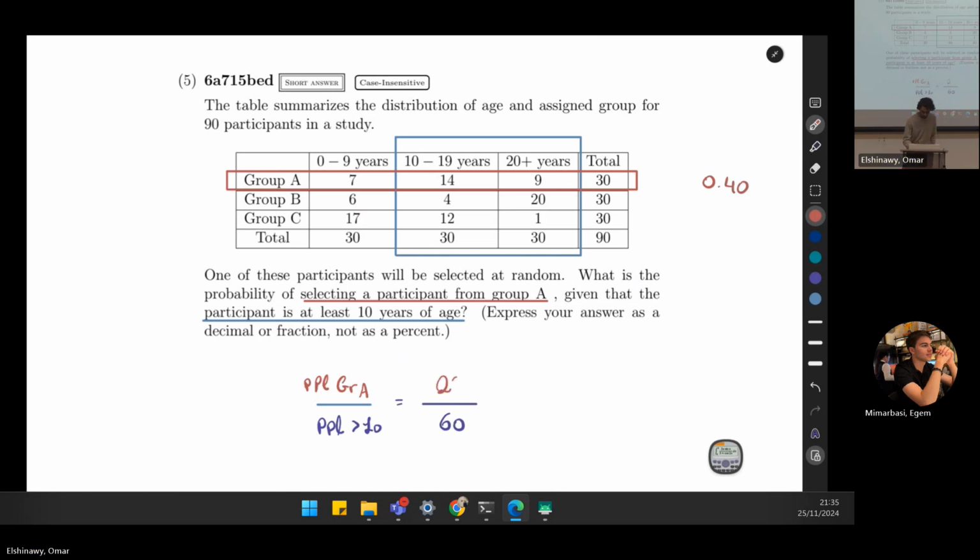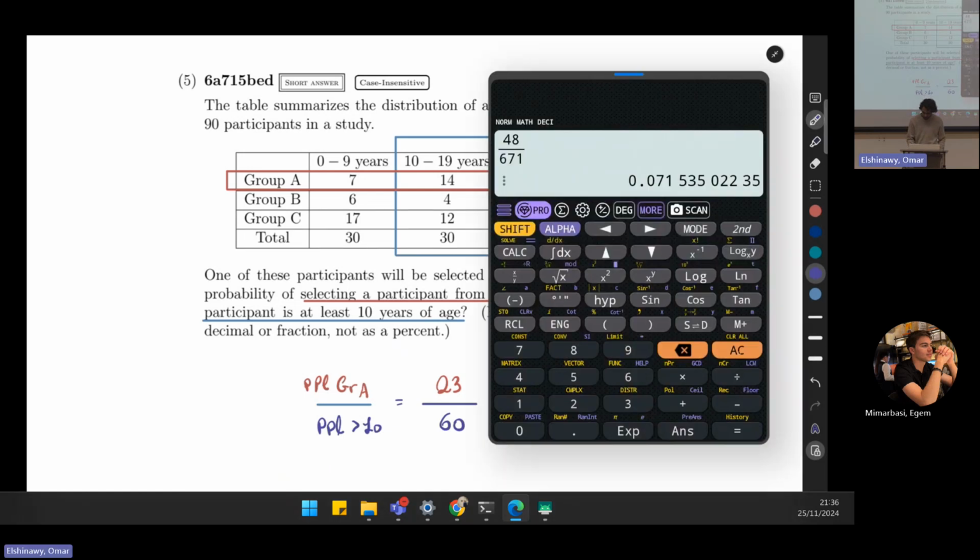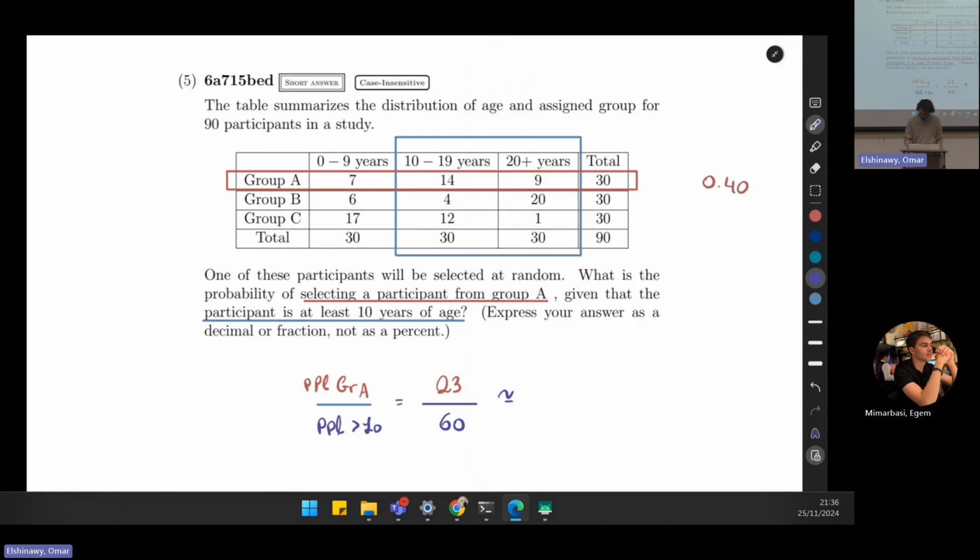Yes. And let's see what this gives us. So this could be your answer. If you're on the SAT, I recommend you just try 23 over 60.